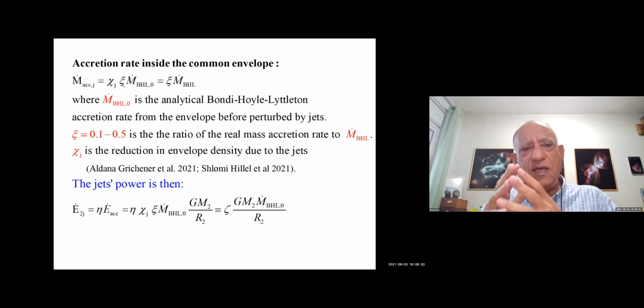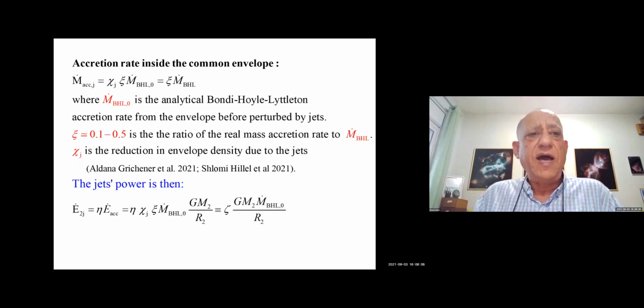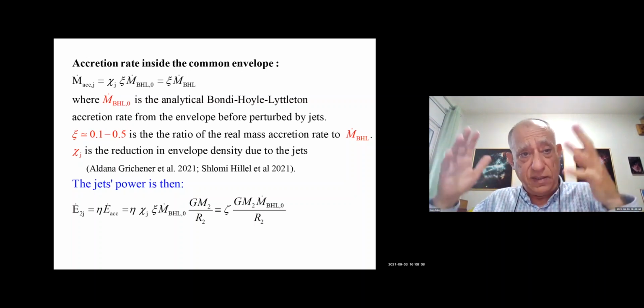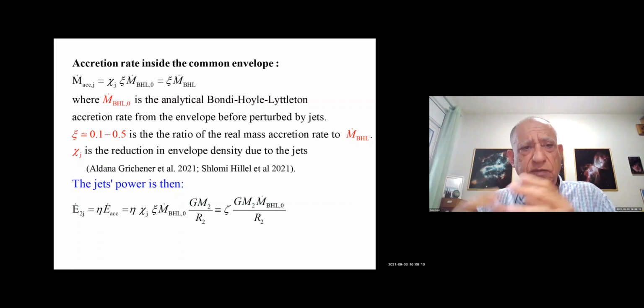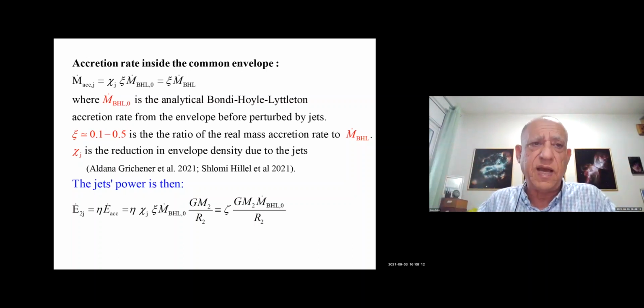Then the jets themselves remove mass, as Chamandi et al. also discussed in the model of jet, because they inflate low density material around, and we will hear about it later here. So the outcome is that we have a lower mass accretion rate.